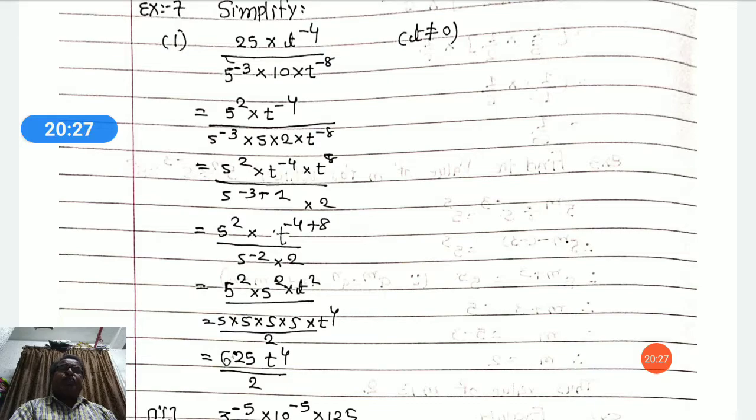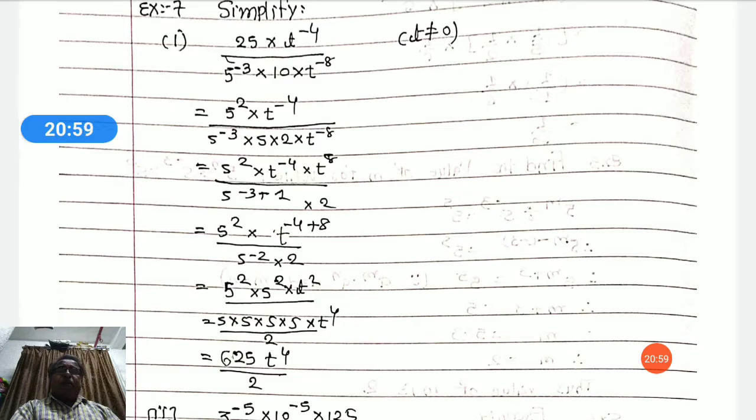It is equal to 5 raised to 2 multiplied by t raised to minus 4 multiplied by t raised to 8 divided by 5 raised to minus 3 plus 1, is equal to 5 raised to 2 multiplied by t raised to minus 4 plus 8 divided by 5 raised to minus 2 multiplied by 2.